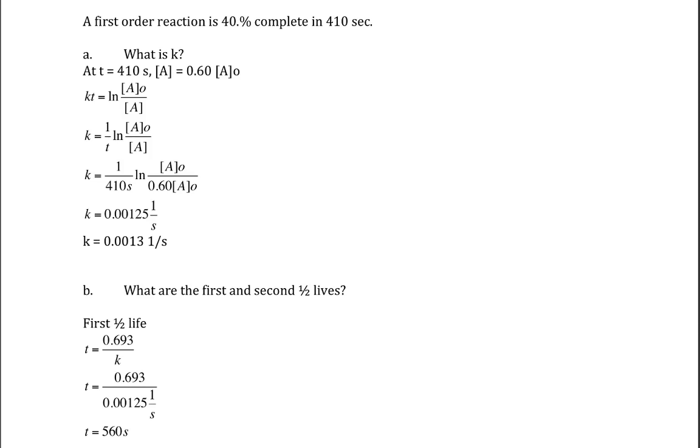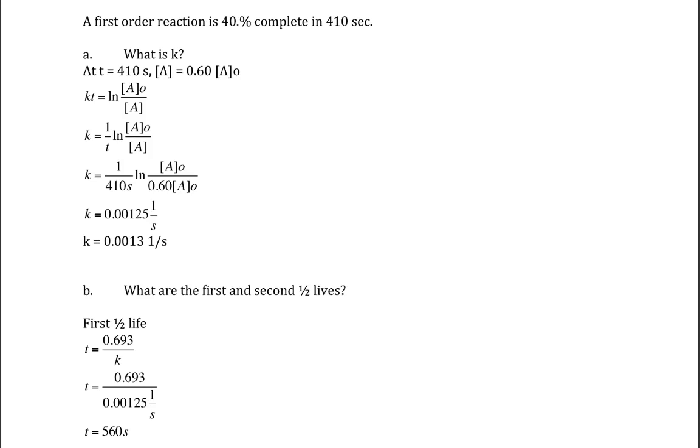Okay, so for a first-order reaction, we have ln of A equals ln of A naught minus KT, which we can rearrange to KT equals ln of A naught over A. Dividing by time, we get K equals 1 over T ln of A naught over A. Putting in our numbers, K equals 1 over 410 seconds times ln of A naught over 0.60 A naught.